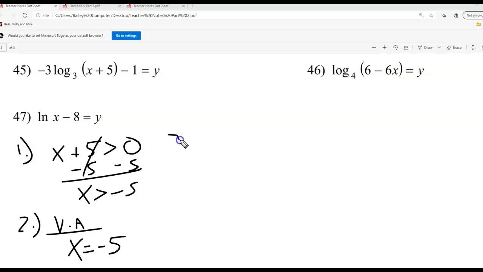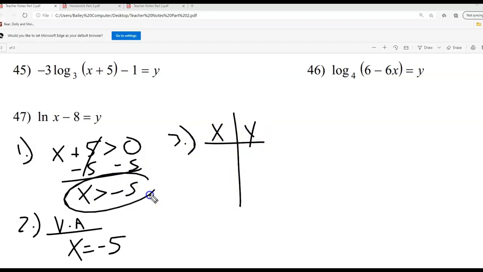Now the third thing I'm going to do is I'm going to pick some numbers for x. Now those numbers for x that we pick have to be greater than -5. So let's pick a number greater than -5. Now a lot of you guys might be thinking -4. That's fine, you could do that.